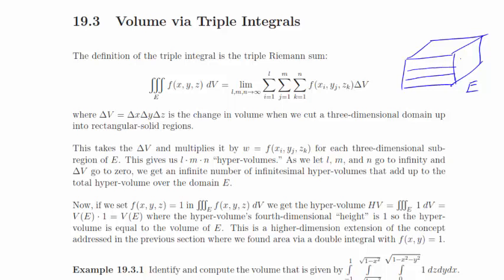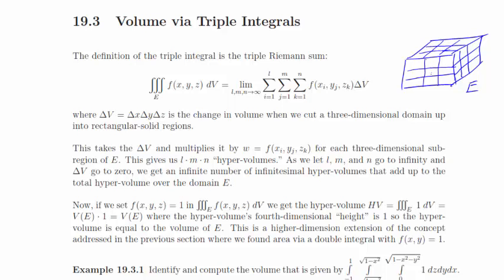If we cut this up in the z direction, and then we cut it up in the x direction, and then in the y direction, and we keep doing this, then we get these little cubes here, which are my delta V's, right? The volume of each of these.